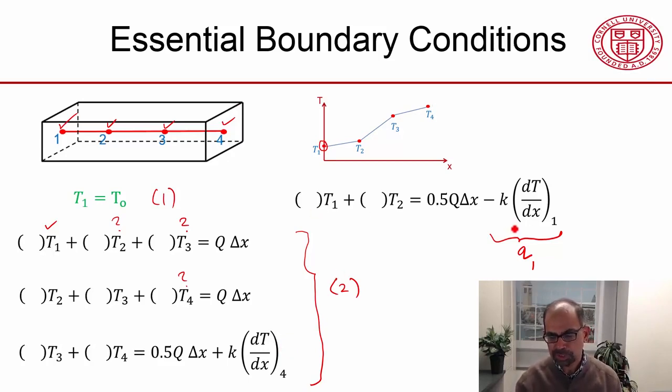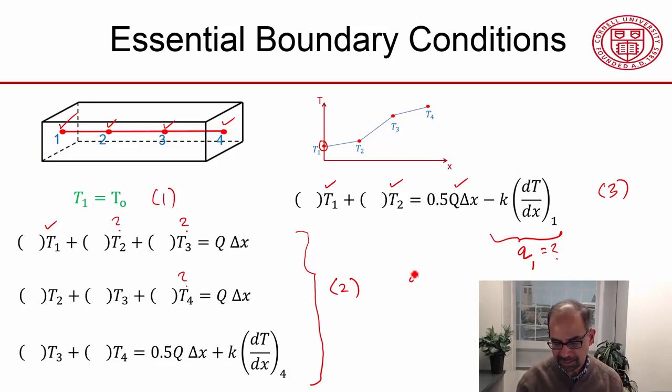Then what do I do with this equation here? It turns out you can do something very important. In the third stage, you can come to this equation and say, hey, now I know T1 and I know T2, and this is a known quantity, so I can determine the flux at the left boundary.